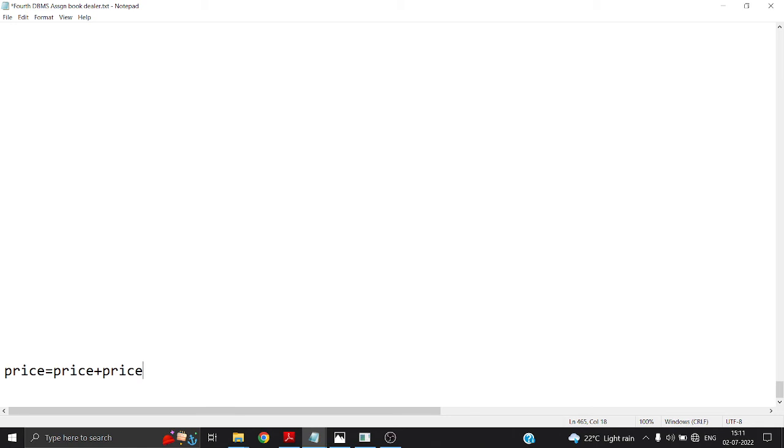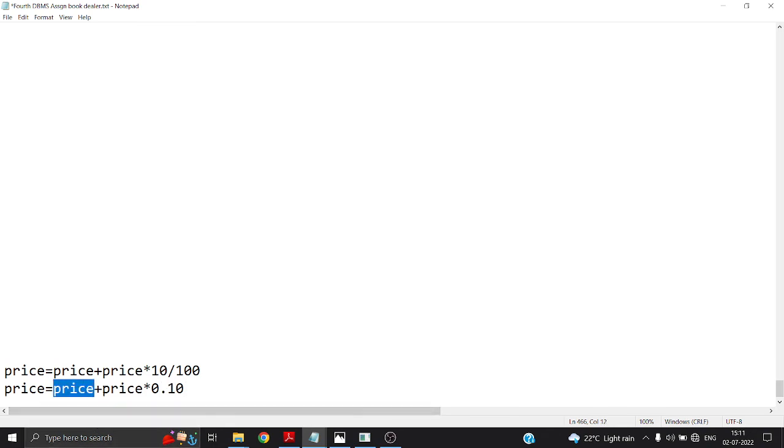Original price. So into 10 divided by 100. So 10 divided by 100 is nothing but price equal to price plus price into, when we divide that value we have 0.10.